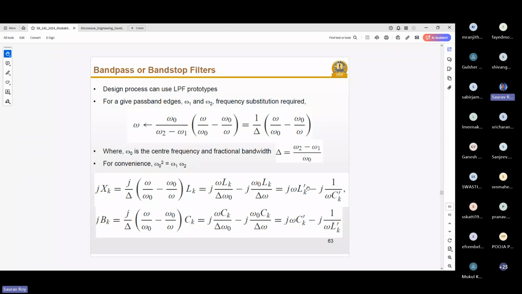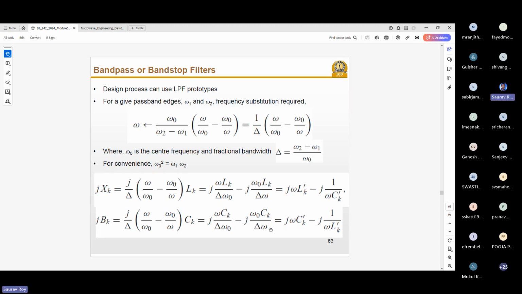That means for a bandpass implementation, what you need is a series capacitor and inductor together, which is called a resonator or a tank circuit. If you have read normal network theory, you will know a series L and C together lead to a resonance. That's why they are called a resonator or tank circuit.